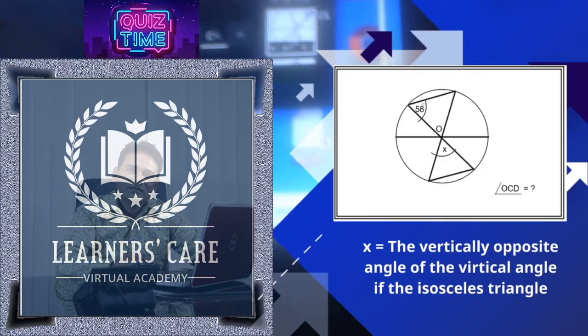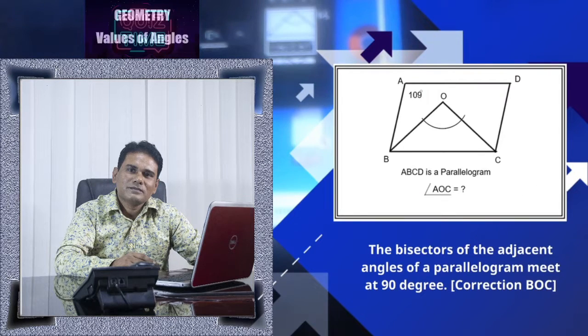As we know, the bisectors of the adjacent angles of a parallelogram meet at 90 degrees. So you can straightaway write the value of angle BOC. There will be a correction: it will not be AOC, it will be BOC. The value of BOC will be equal to 90 degrees.